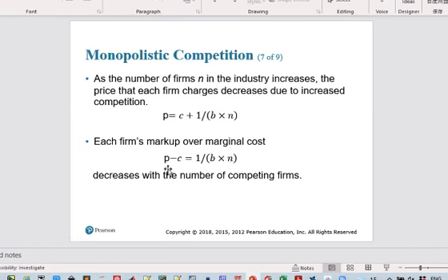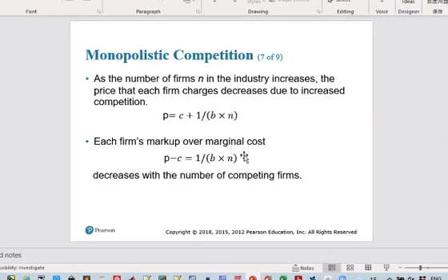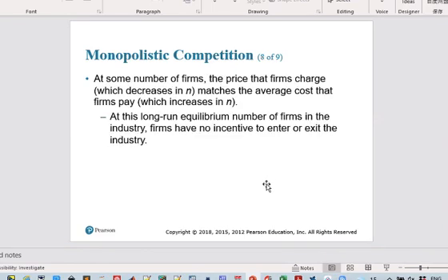That is consistent with the graph we have here. Your markup is lower if the number of firms is higher. So when N increases, your markup decreases for each firm, as the definition says here: each firm's markup over marginal cost decreases with the number of competing firms.